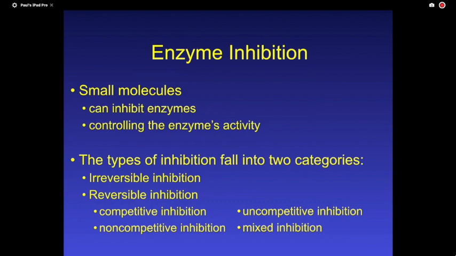All right, enzymes are great. Enzymes work, but sometimes enzymes work too fast, and so we have to slow them down. Now, in the body, there are lots of ways to slow enzymes down, and we use inhibitors that are natural.